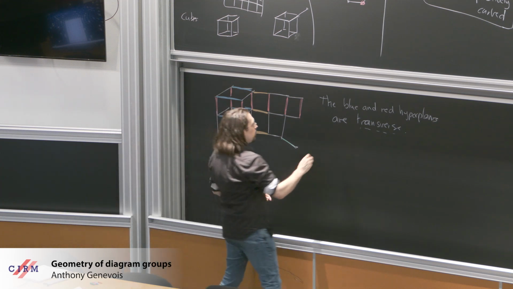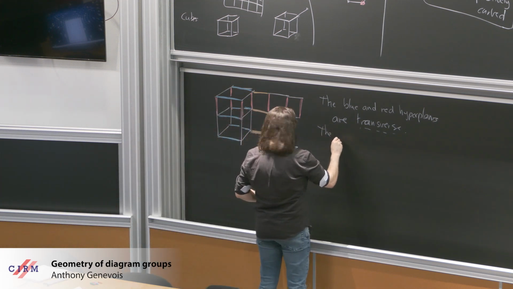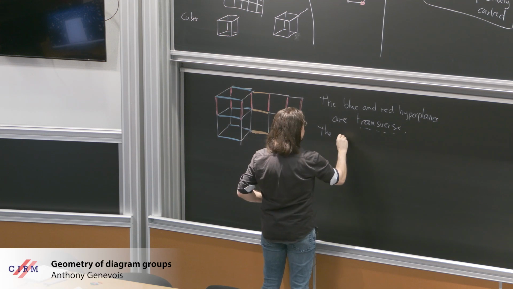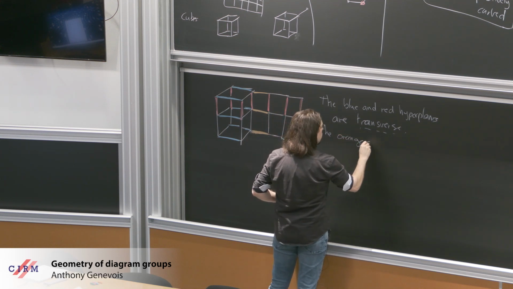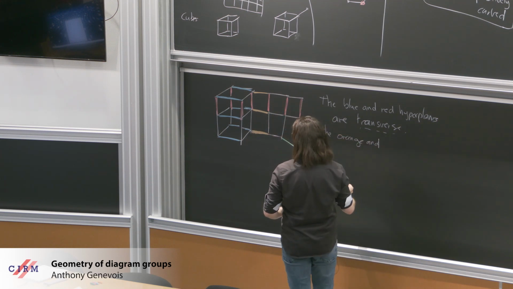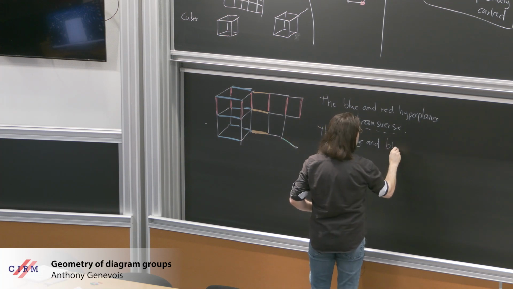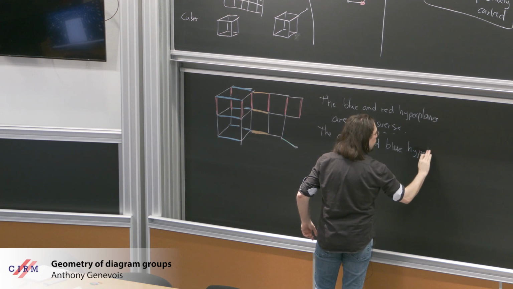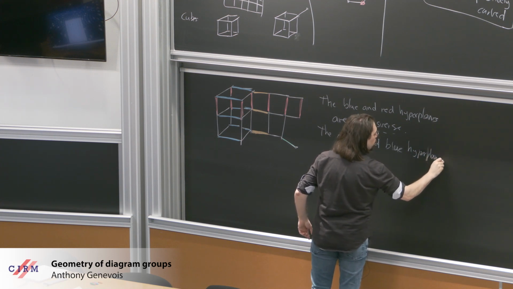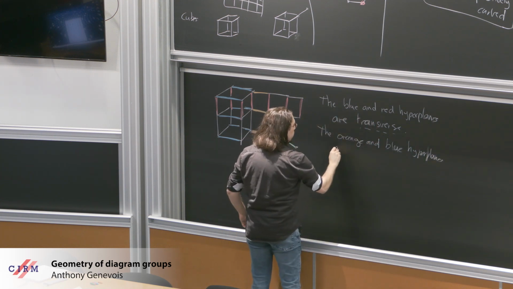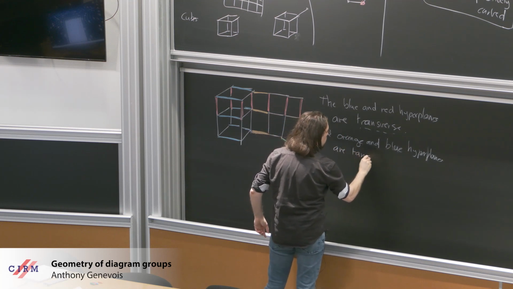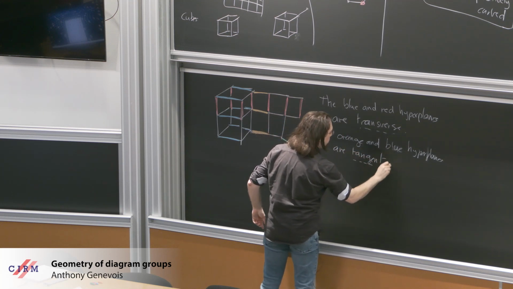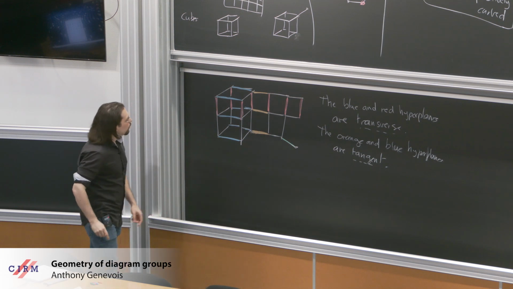But I also want to say that if I take the orange and blue hyperplanes, they are tangent. So why are they tangent?